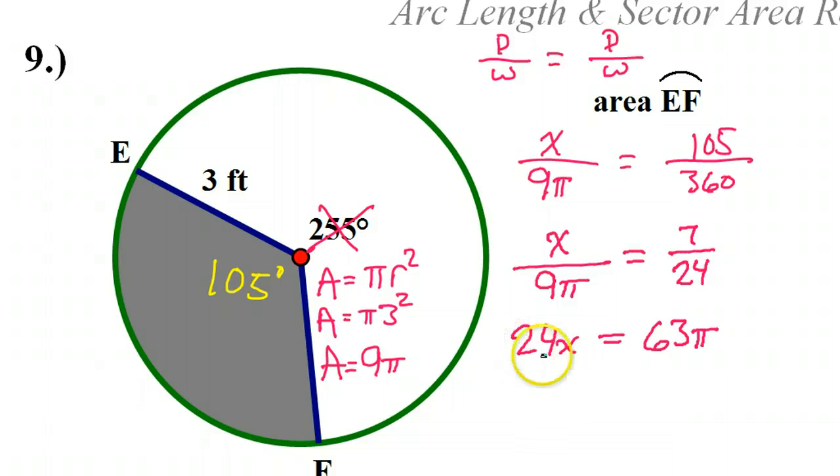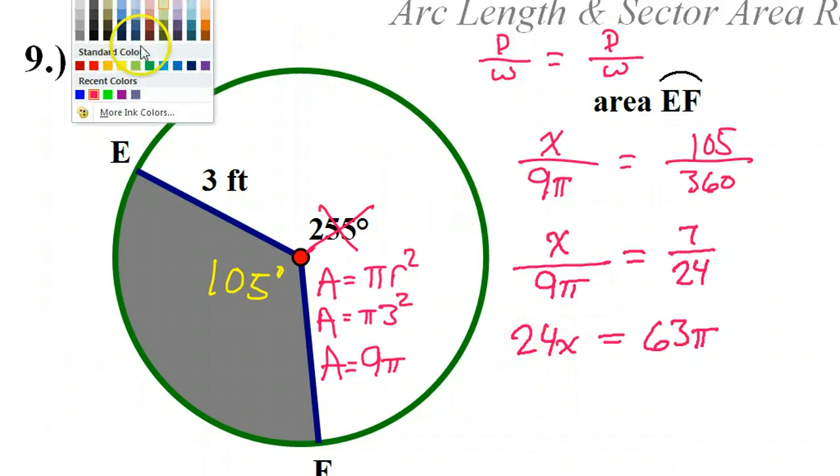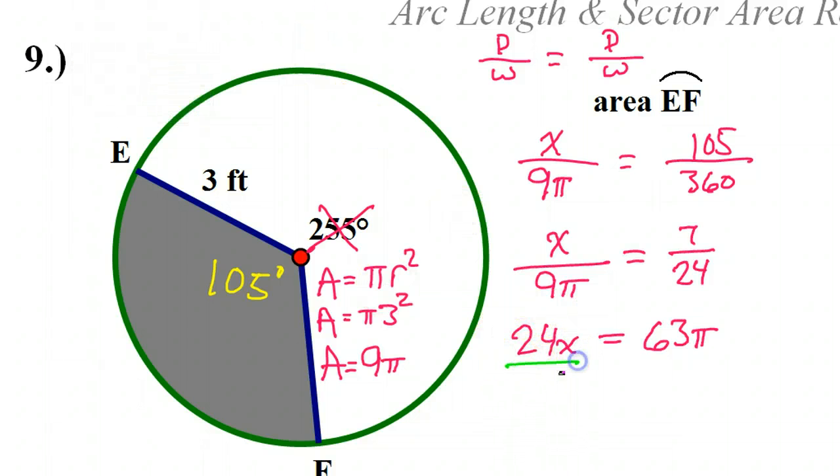So now, getting x by itself, we need to divide by 24. Alright, so this really is the answer. We just need to simplify.